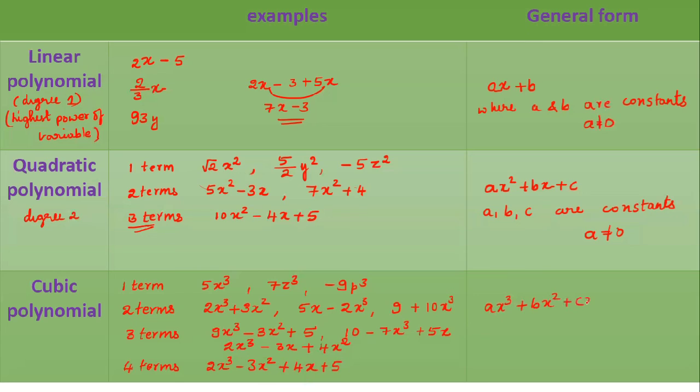So the general form of a cubic polynomial is ax cube plus bx square plus cx plus d, where a, b, c, d are constants. And the condition is a not equal to 0.